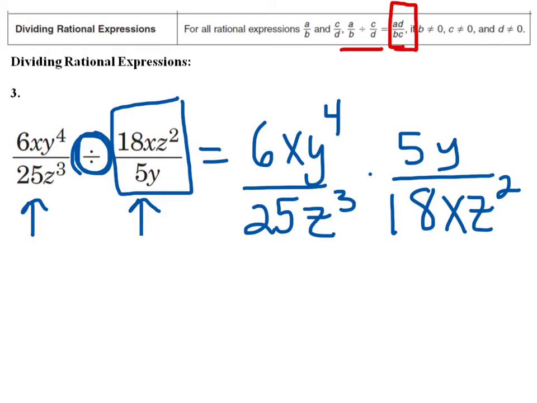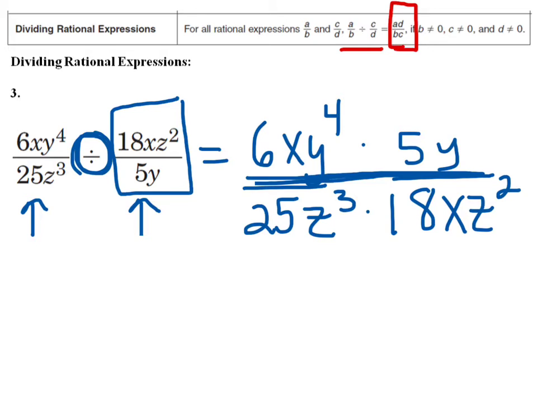Then we know that this means we can multiply the two numerators together and the two denominators together. Remember, a shortcut that we've been doing at this point in time is to just highlight the division bar and then multiply the two numerators together and the two denominators together.